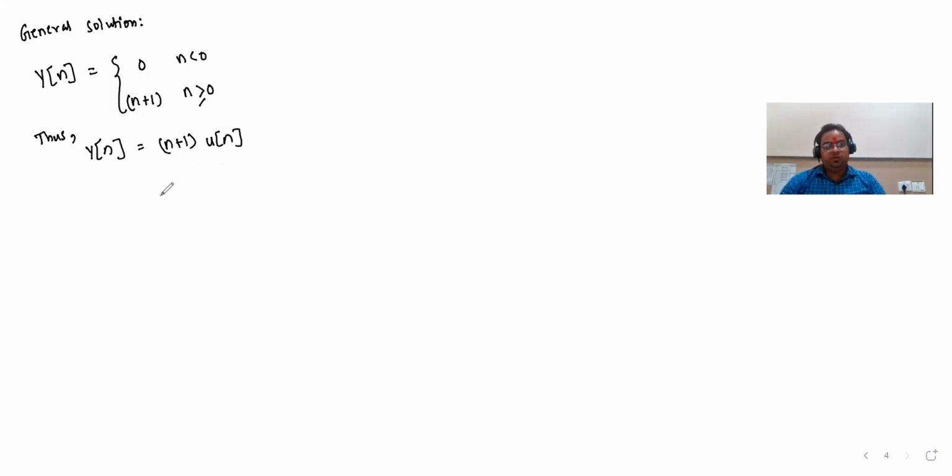Which means that when we convolve, y of n will come out as follows. For n equal to 0, we will have the value 1. For n equal to 1, this will be 2.